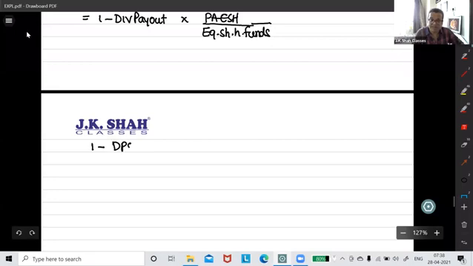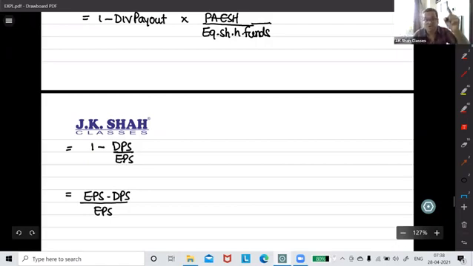So DPS upon EPS. Okay. You must be remembering that we have written this already as EPS minus DPS upon EPS, and I have told you that don't cancel that EPS. Check in your accounting ratio book. We have written 2-3 versions of all this, on the single share, on the full capital. One of the expressions is this, EPS minus DPS.